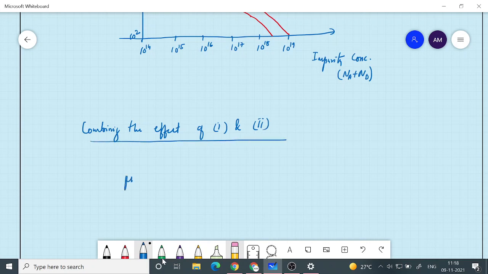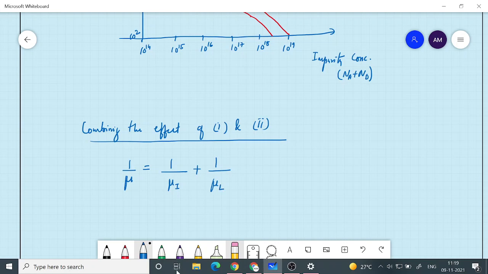So mu, okay, this is the formula: 1 by mu is equal to 1 by mu I, that is impurity scattering, plus 1 by mu L.